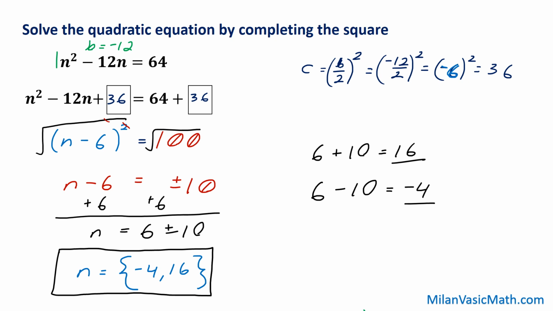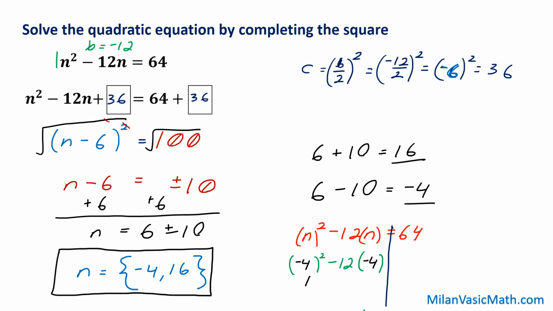It's always a good idea to check these solutions. So we do that with a calculator or with something else. So I have parentheses here, and inside those parentheses I will substitute the negative 4, one of the solutions, and I have 16.